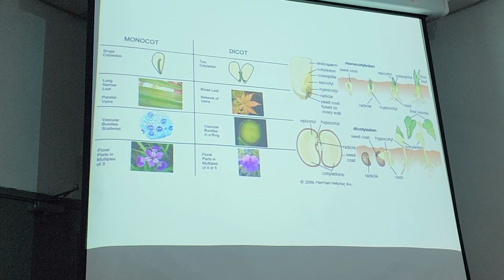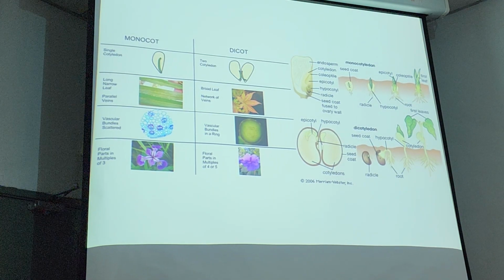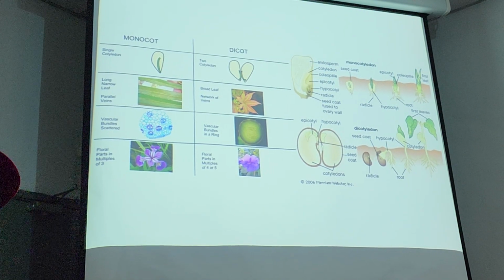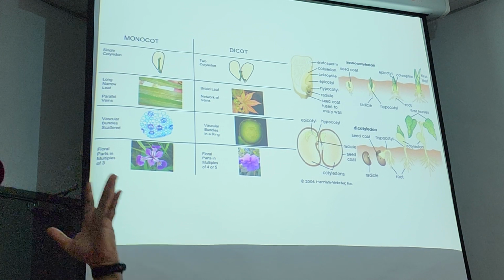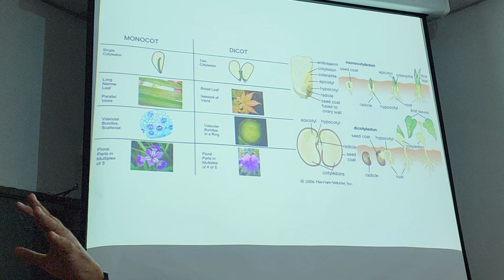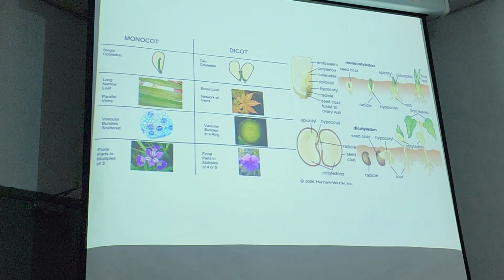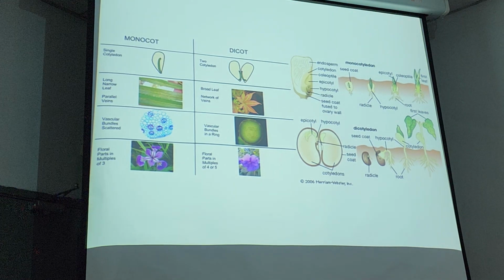They have two cotyledons, so they have more energy for the seed. They have more food reserve. So dicot plants usually end up becoming bigger plants with a long lifespan, because they started off with a high food reserve in the form of cotyledons.